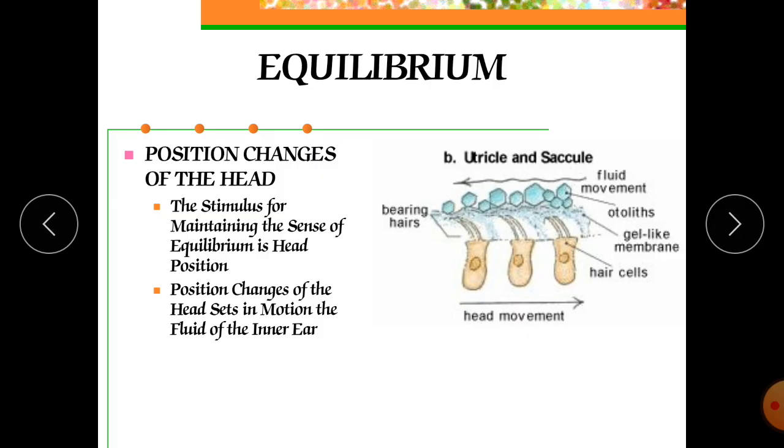So position has been assigned, understood, and completely sensed. In this fashion they maintain the equilibrium of our head position, and position changes of the head set in motion the fluid in the inner ear.